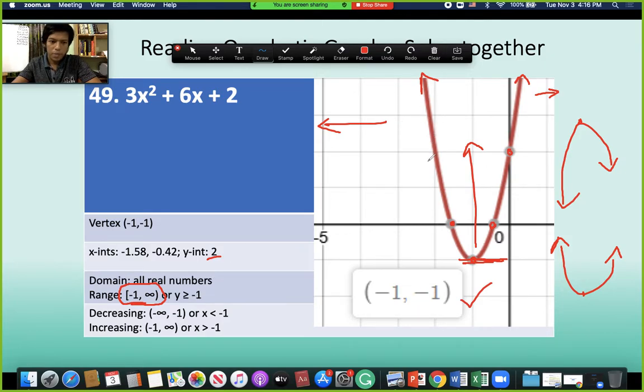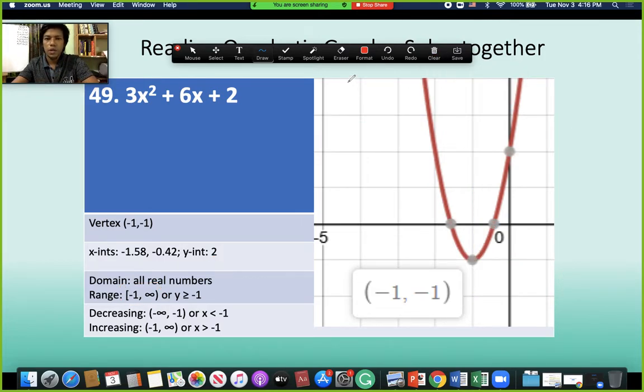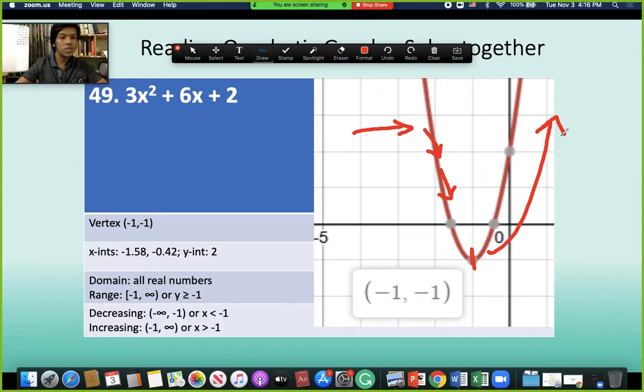And you can see the function is decreasing from minus infinity to -1. If you come from left to right, you see what happens: the function goes down up to this point, then the function starts increasing. You have to go from the left side to the right side of the graph to understand increasing and decreasing.